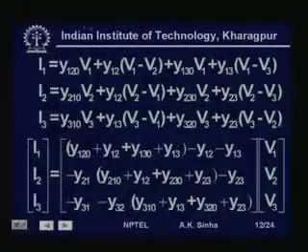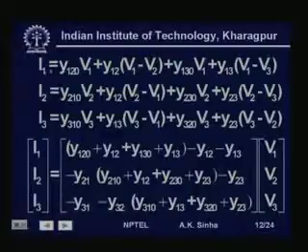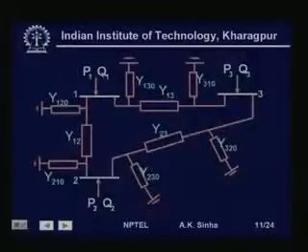So, if we do that, then using the KCL, I1, the current which is injected here, will be equal to the current flowing through this branch, which will be equal to V1 into Y120, plus current flowing through this branch, which is equal to V1 minus V2 into Y12, plus current flowing through this branch, which is Y13 into V1 minus V3, plus current flowing through this branch, which is Y130 into V1.